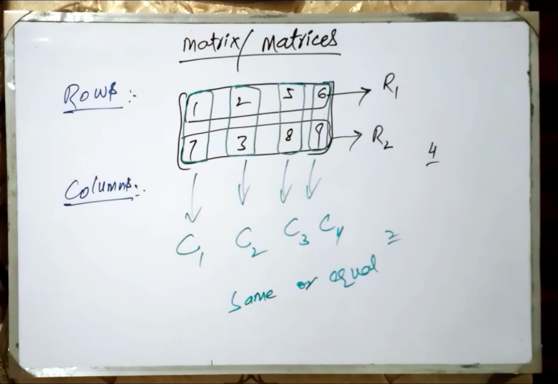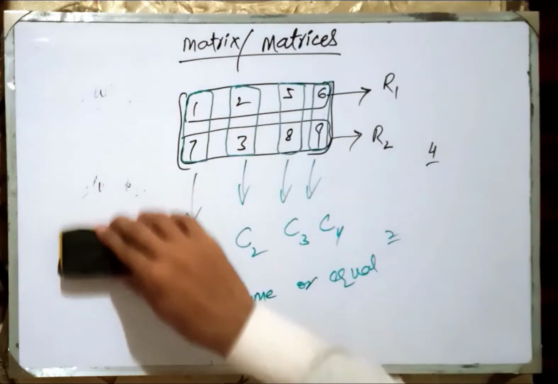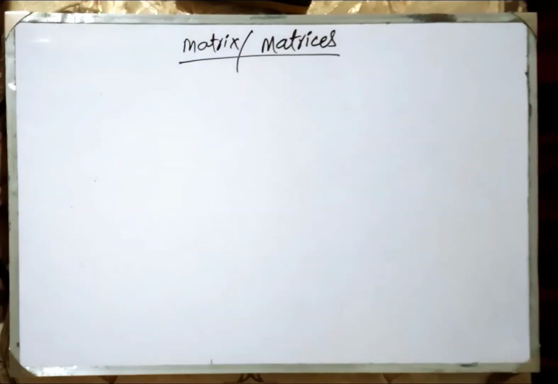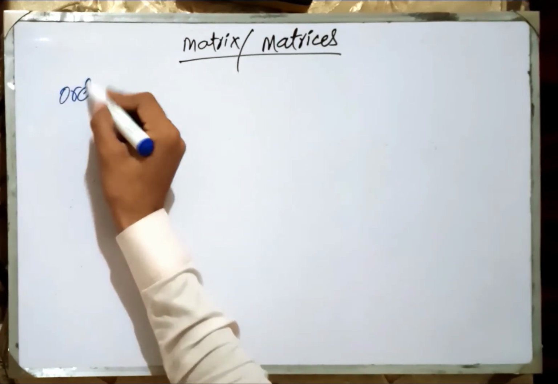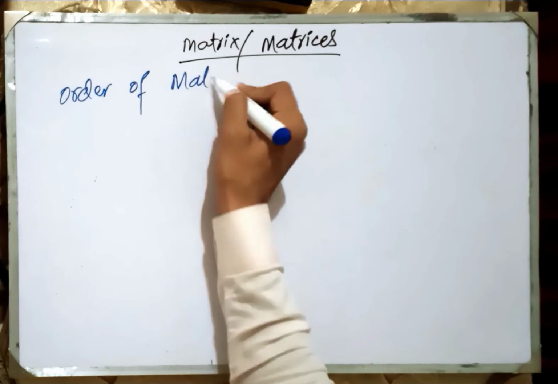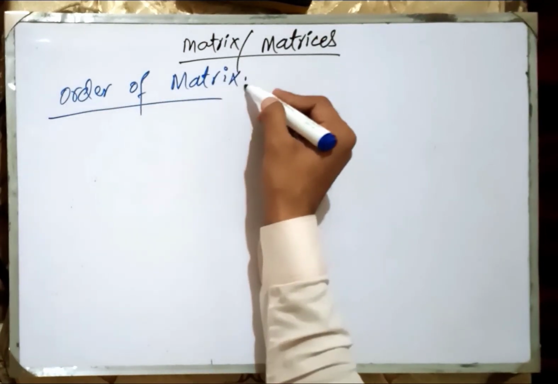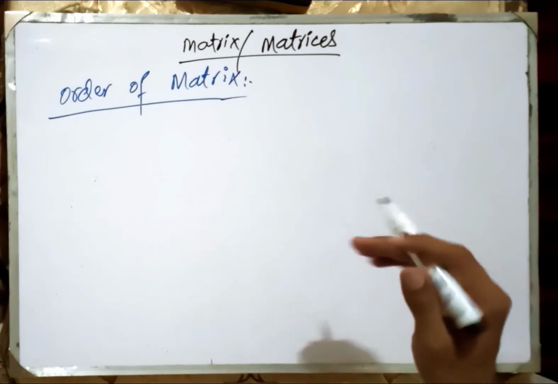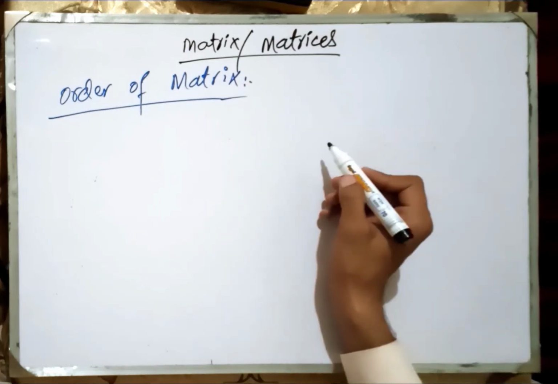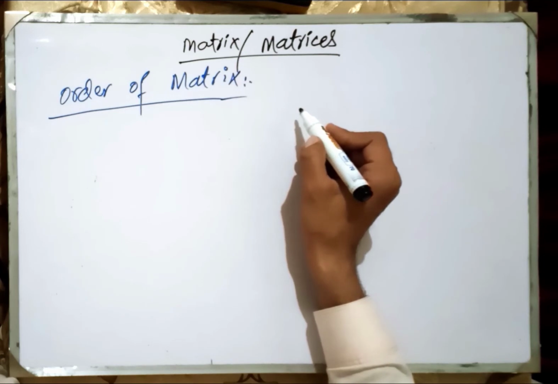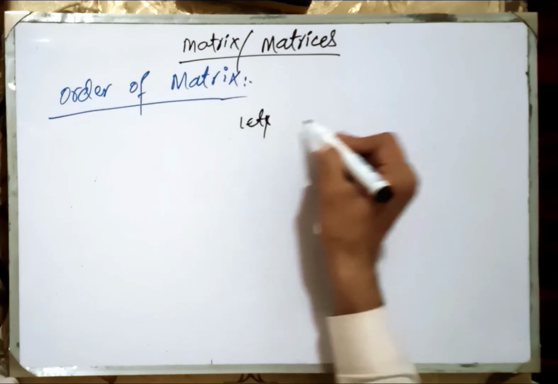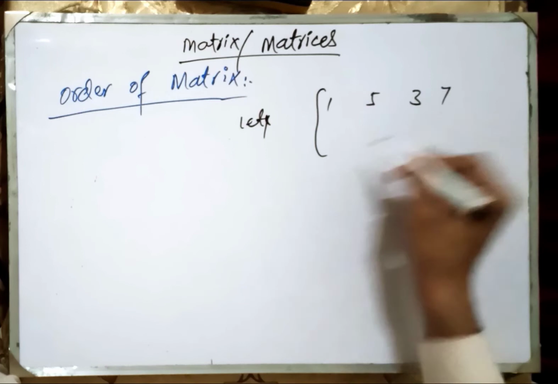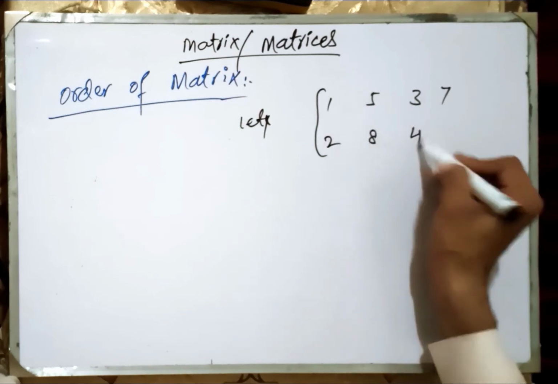Now we are going to discuss the order of a matrix. The number of rows and the number of columns defines the order of a matrix. Let's suppose we have a matrix 1 5 3 7 2 8 4 6.